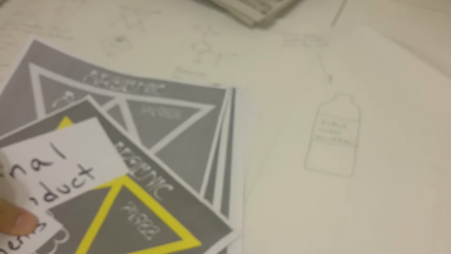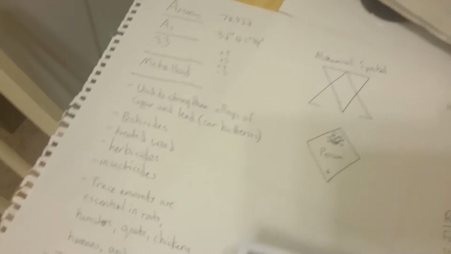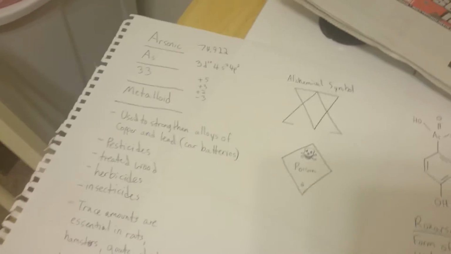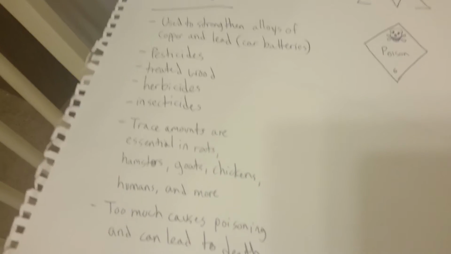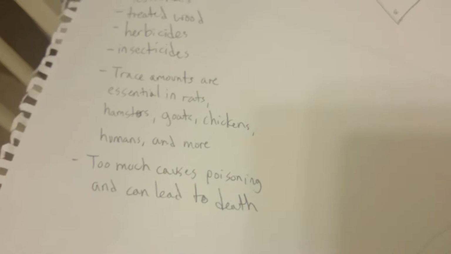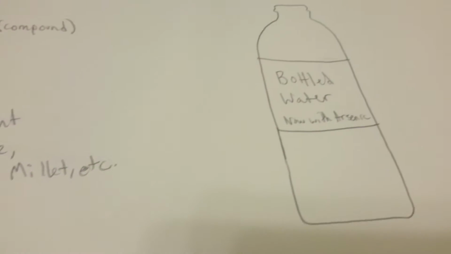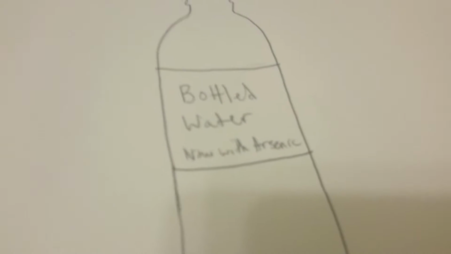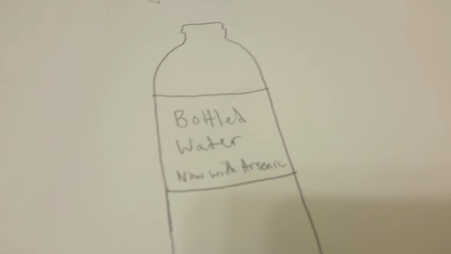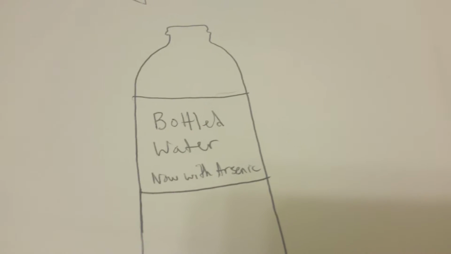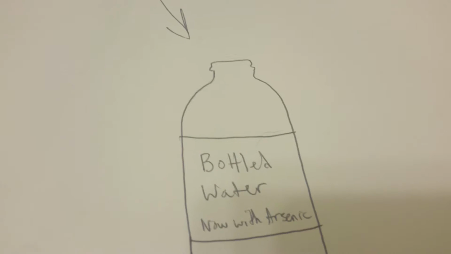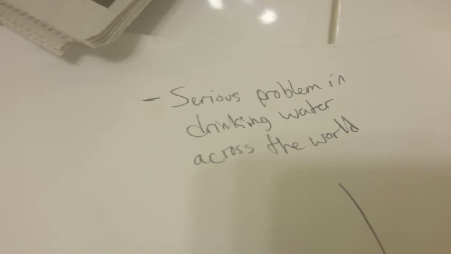And as you can see, I just started doodling, wrote down some information about what arsenic is. Just some other doodles. It is also a very big problem around the world, being found in drinking water, and scientists have been trying to figure out the easiest way to get it out of drinking water once it's been contaminated.